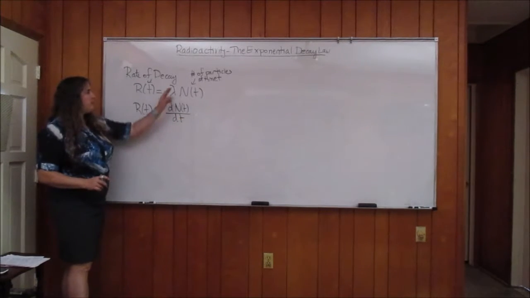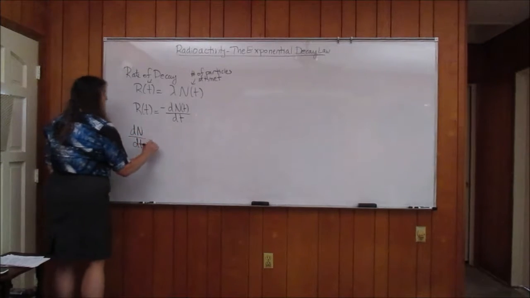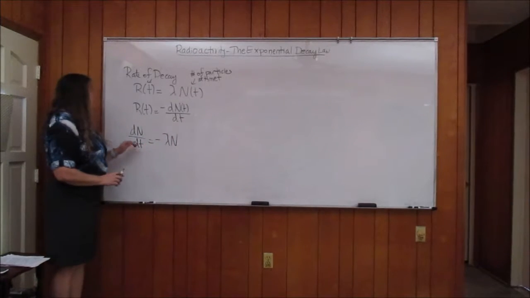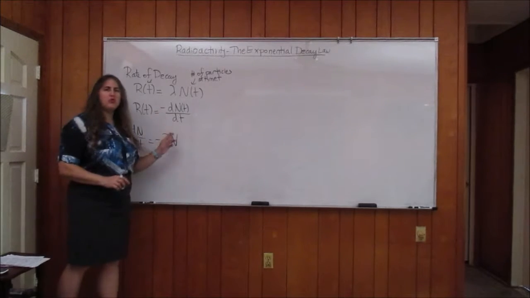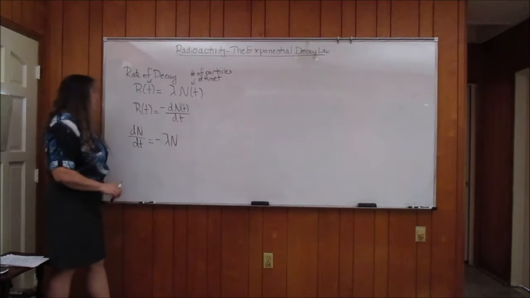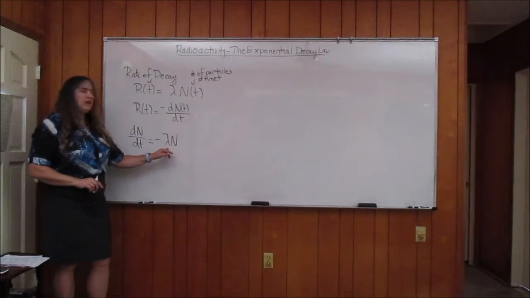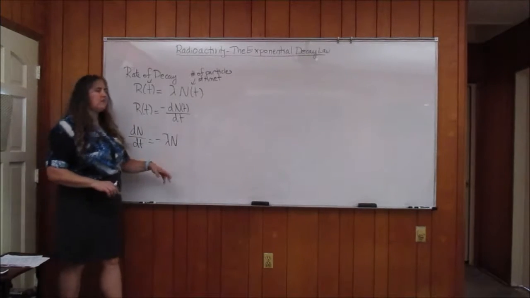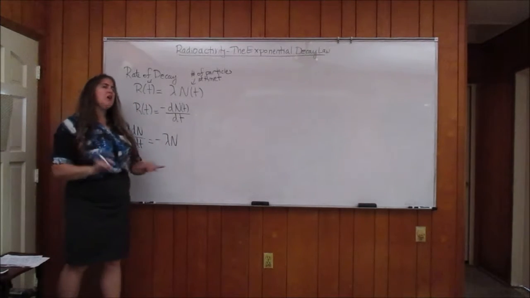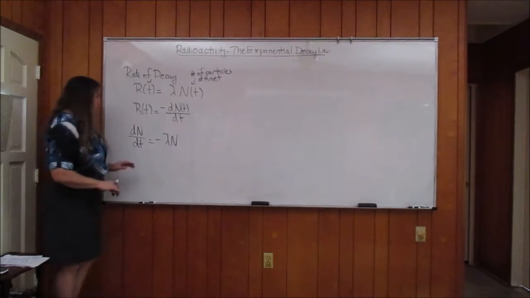So if I combine these right-hand sides, and leave off the argument t for brevity, we have the derivative of the number of particles with respect to time is equal to minus lambda times N. And also, just one more point, depending on the textbook that you consult, some authors use the character lowercase r to indicate decay constant, and other people use different notation. But most people use lambda, but just be aware, this has nothing to do with wavelengths. This strictly is the decay constant, okay?